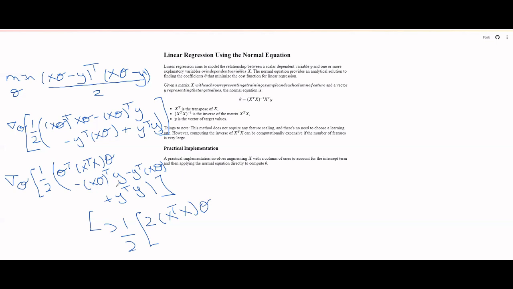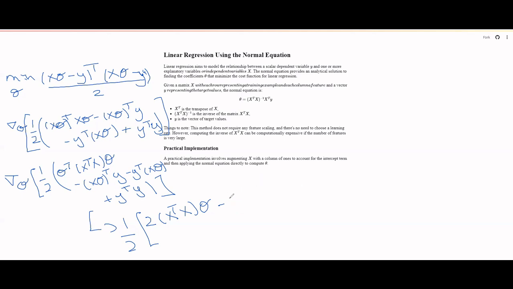The derivative here is going to be somewhat similar. We're going to end up with minus y transpose x theta. No, hold on. Okay, apologies, I made a mistake there.